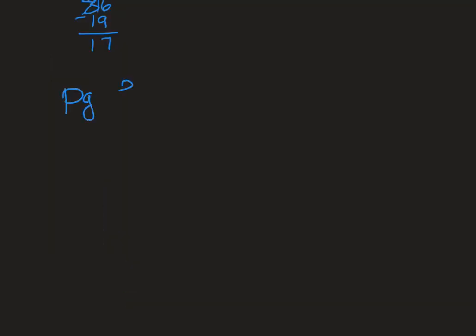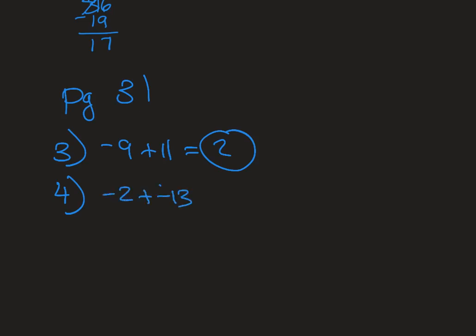We're on page 31. Let's start with number 3. A negative 9 plus 11. Thomas, we'll give you that one. What's a negative 9 plus 11? 2. Awesome. And since 11 was bigger, it's positive. Mara, negative 2 plus a negative 13. You've got to add them together because they're the same. 2 plus 13 is what? 15.